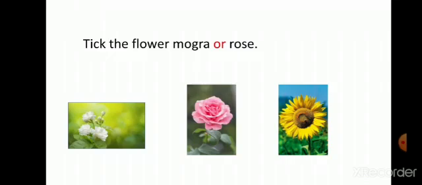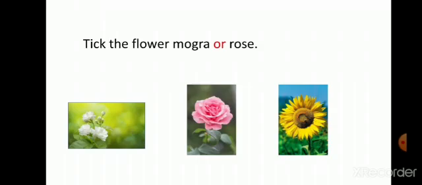So here you will use the word "or". You cannot say take the flower mogra and rose, means both you have to choose, but here you have to choose one.